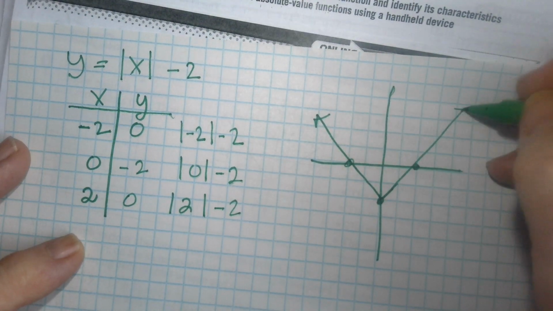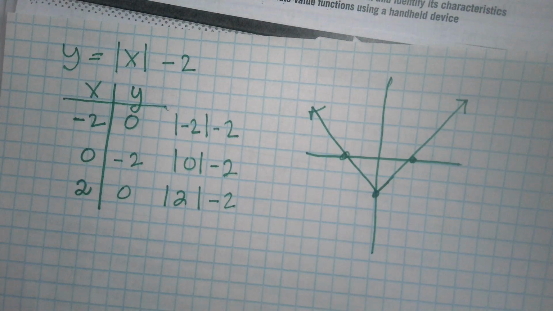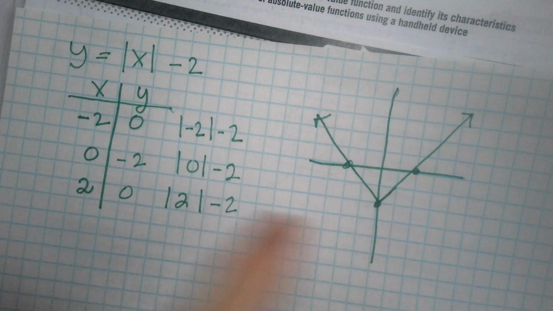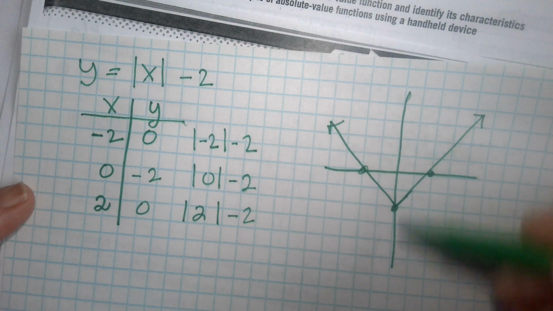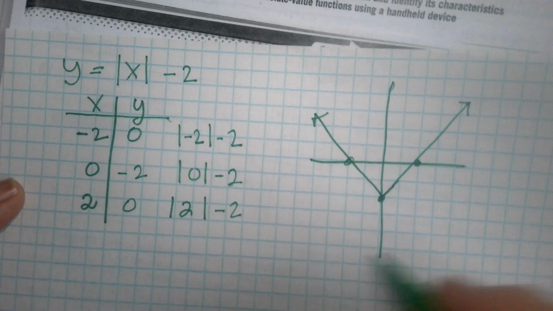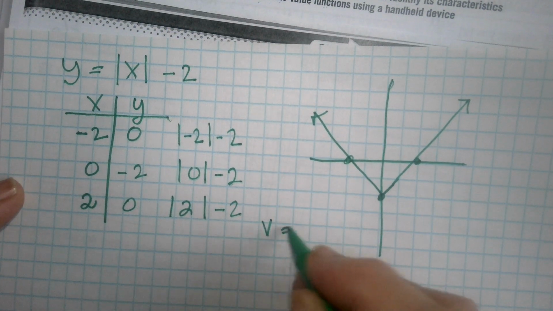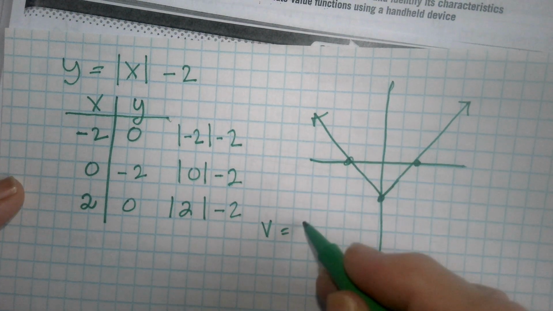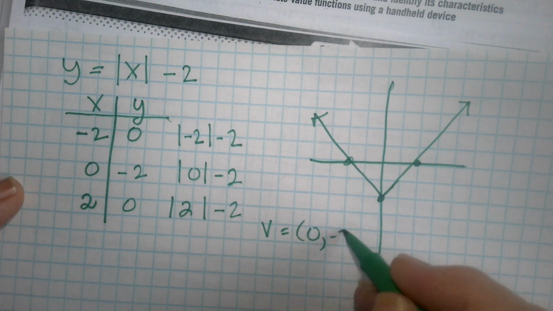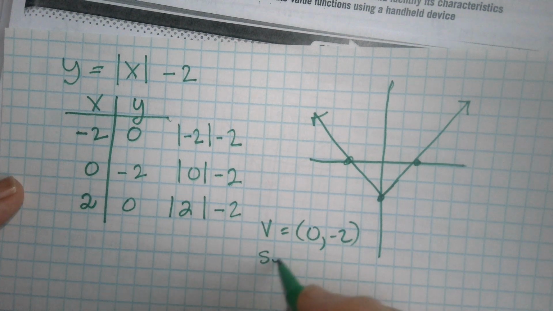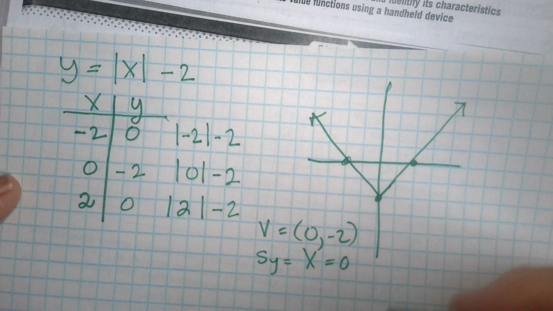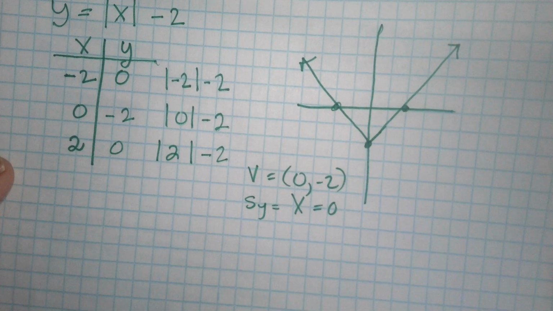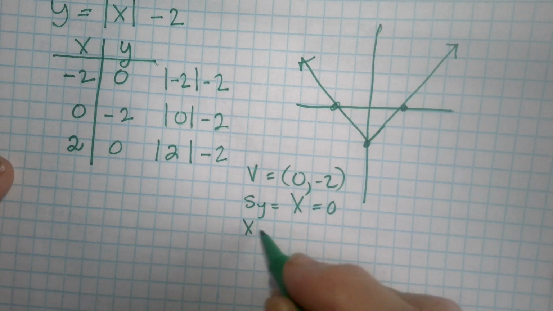So on a test, if you forget everything we're saying, you could always graph it and see where the vertex is. The vertex is at, where was it? 0, negative 2. The line of symmetry is where x is equal to 0. And, oh, the x-intercept.